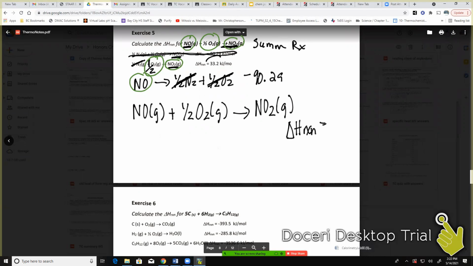So now these are my two numbers I have to deal with. 33.2 plus a negative 90.29. The 33.2 only has one place behind the decimal, so my answer should have only one place behind the decimal. Negative 57.1 kilojoules. Kind of messy.